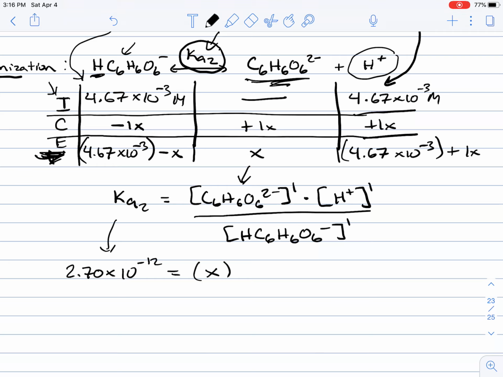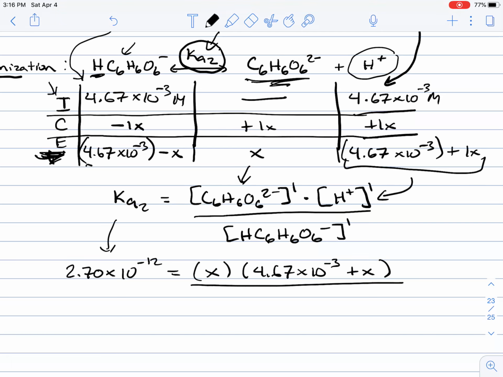And then all of this is going to be representing H plus: 4.67 times 10 to the negative 3 plus x, over the expression in the denominator. So it's going to be 4.67 times 10 to the negative 3 minus x. Okay, and it's all raised to the first power.